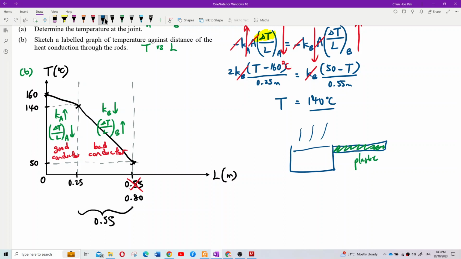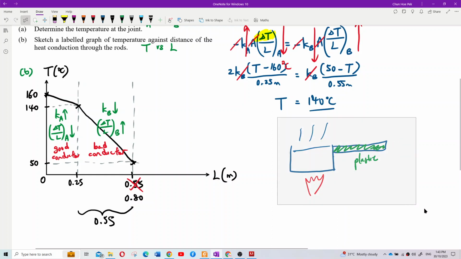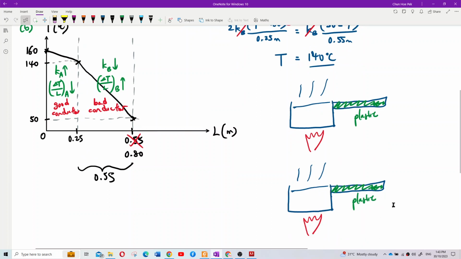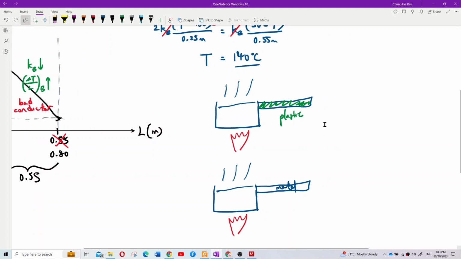Compare to, maybe, a metal one, fully metal. So if you boil it, which one do you prefer to use? The plastic one or the metal one? The handle is metal.